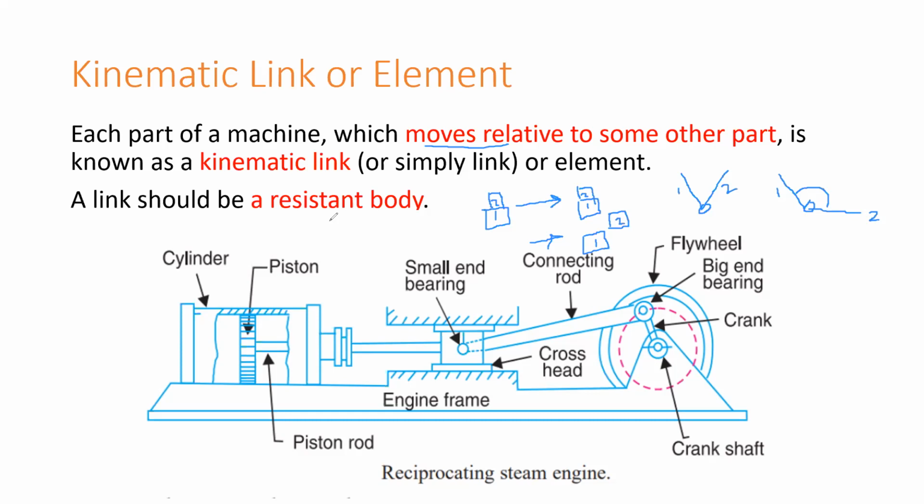It is flexible, but it does not affect the transmission of motion, so we can consider that chain as a resistant one. It is not deforming in a useless way. Okay, so let us move to the next.